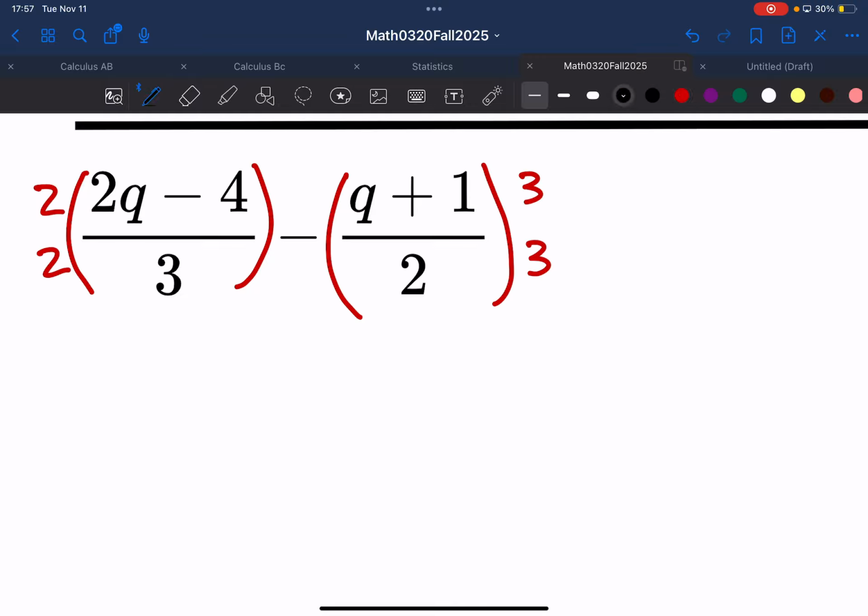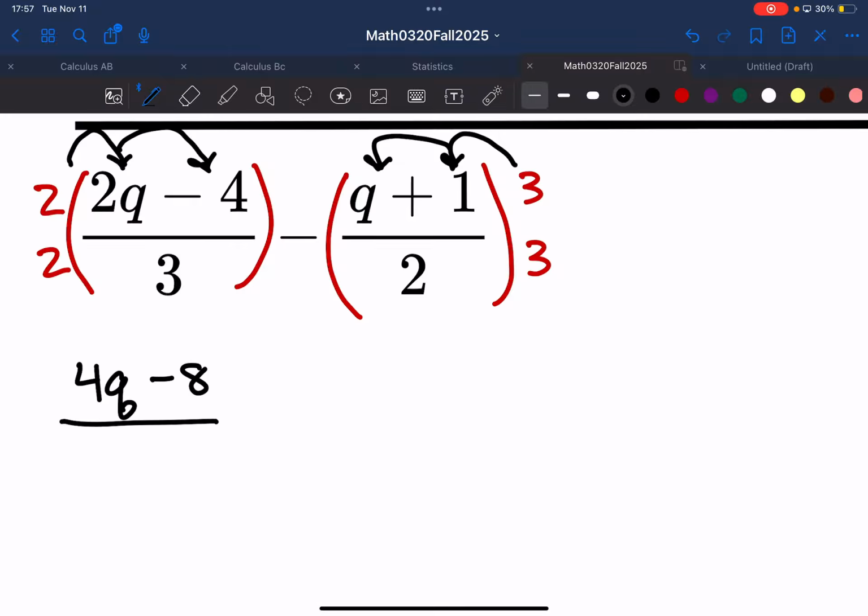Since the numerator has multiple terms in it, I want you to think as if you are distributing that number into the numerator. So for the first fraction, we have 2 times 2q, which is 4q, and then 2 times negative 4, which is negative 8, all over 6.